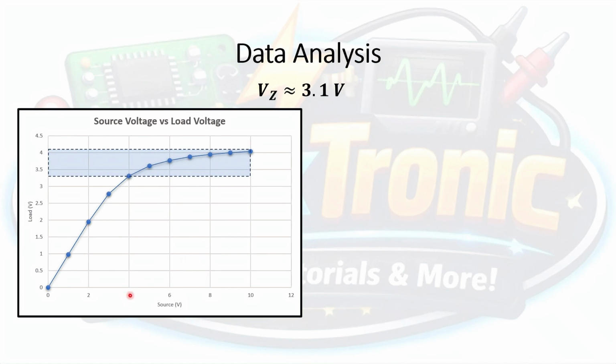At 4 volts source voltage, the value of the load voltage is around 3.2, 3.3 volts. And that value has exceeded the reverse breakdown voltage of the Zener diode. And that means, beyond that, the Zener diode is now acting like a voltage regulator. And that's clearly shown on this graph.